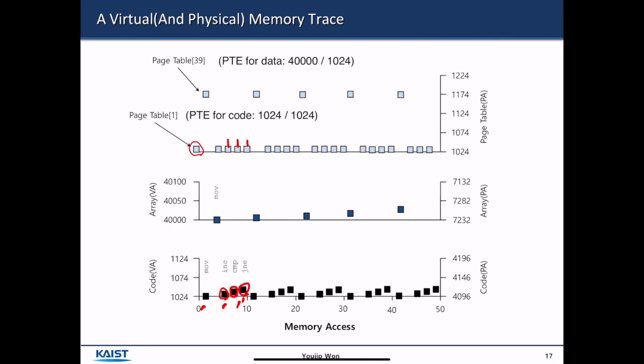And then in move, not only is it an instruction, but in the course of executing the instruction, it accesses memory, and it accesses the array of 1,000 integers. And also assume that that memory is located in the stack, at address 40,000. Okay, and it increases by 1, 2, 3, 4.